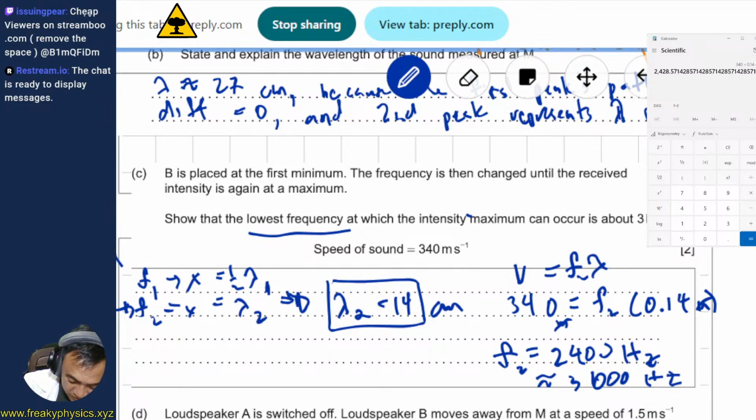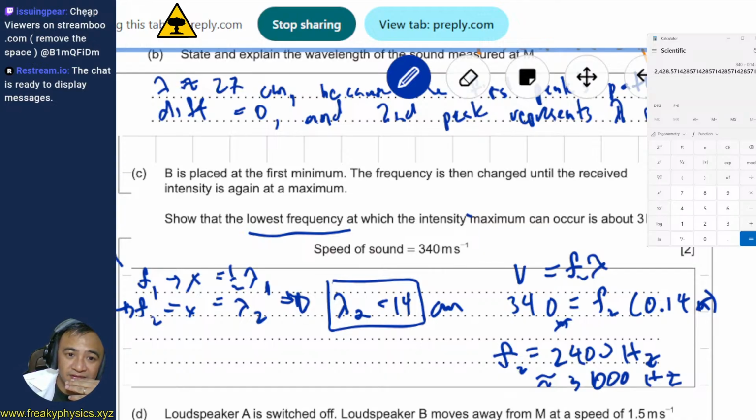Now, we have to do this because remember, for the data booklet, there is a difference between the two formulas for whichever one is moving. If the source is moving, the formula is different compared to when the observer is moving. Hold on, let me just open the data booklet again. This is one of those formulas I don't memorize. Just look at the booklet and reason it out. Let's see, the Doppler effect should be in C. Here we go.